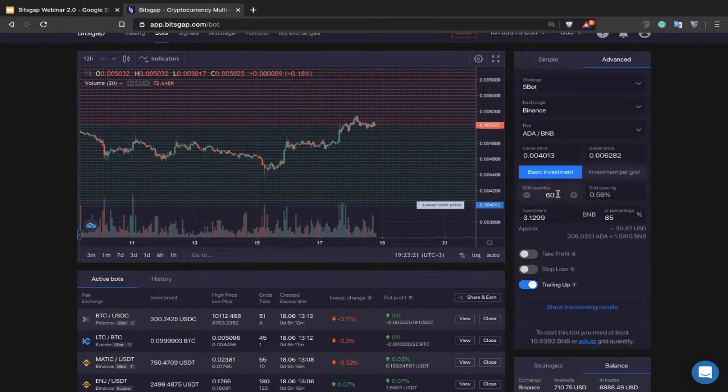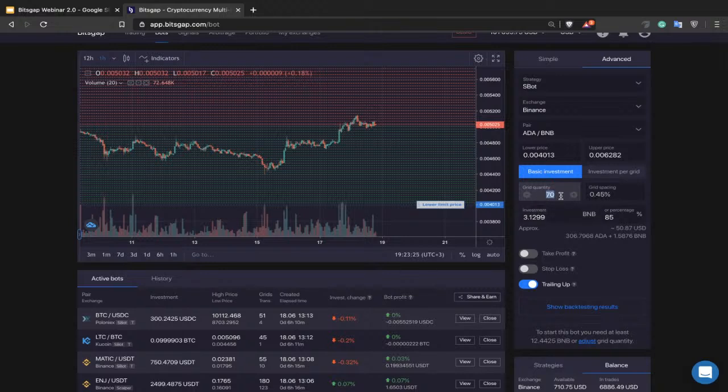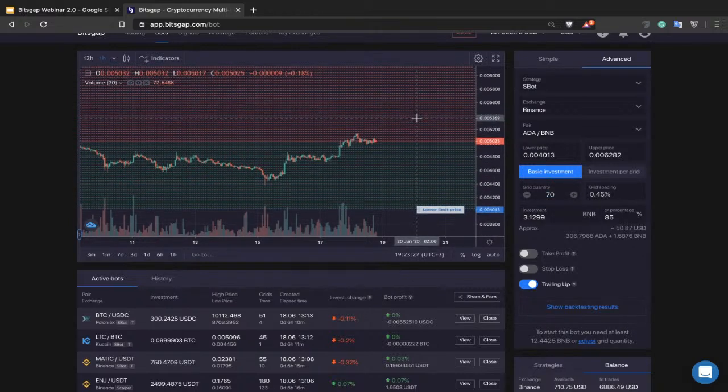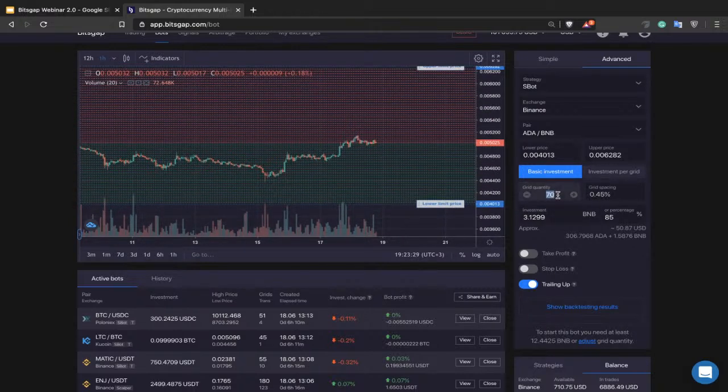And so here we go. Let's say I want to launch the bot with only 70 grid levels, which is a decent amount of grid levels. And you can set it up to 180, and some cryptocurrencies even offer 200. But here we see that the limitation is 180.